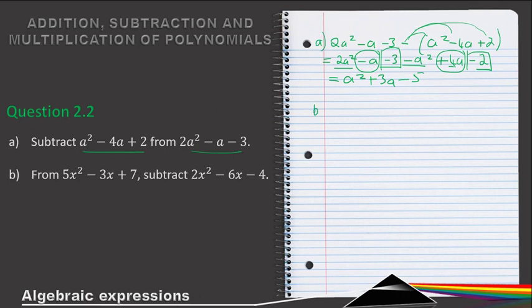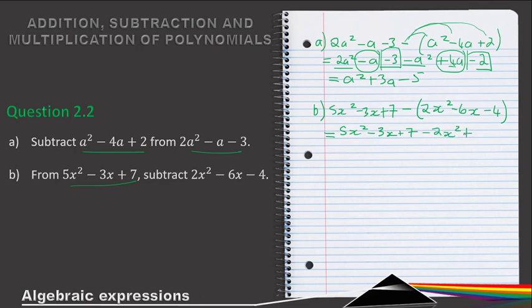For B, from this, subtract this. So from that guy, take away that. So that's 5x squared minus 3x plus 7. Then we subtract 2x squared minus 6x minus 4. So let's multiply out the bracket. We just copy this over. So it's minus 2x squared.